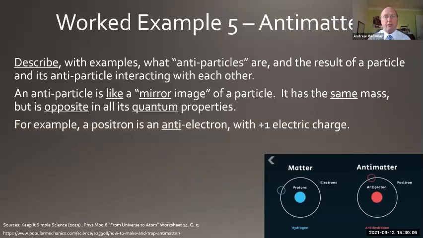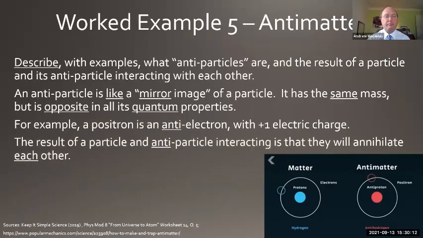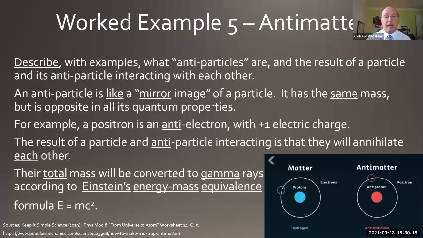For example, a positron is an anti-electron with a positive electric charge instead of obviously a negative. The result of a particle and antiparticle interacting is that they will annihilate each other. The total mass will be converted to gamma rays according to Einstein's energy mass equivalence formula, E equals mc squared. And so you can see a diagram there of matter with protons and electrons, and antimatter with an antiproton in the center and positron.